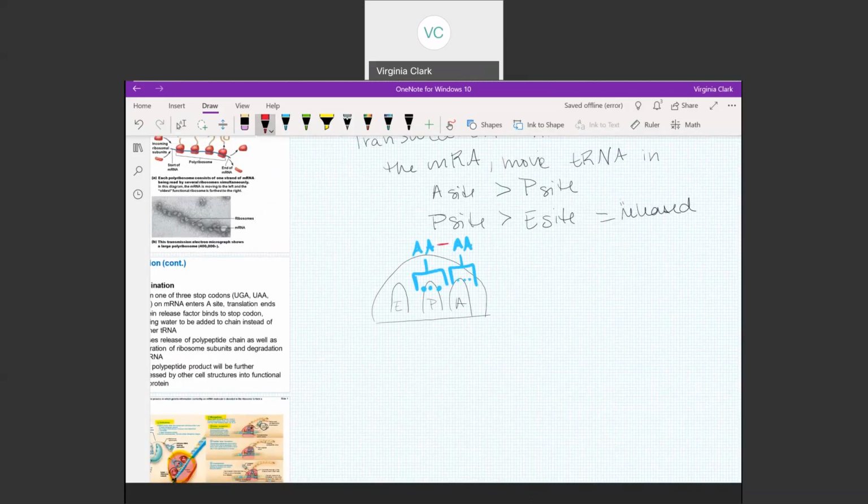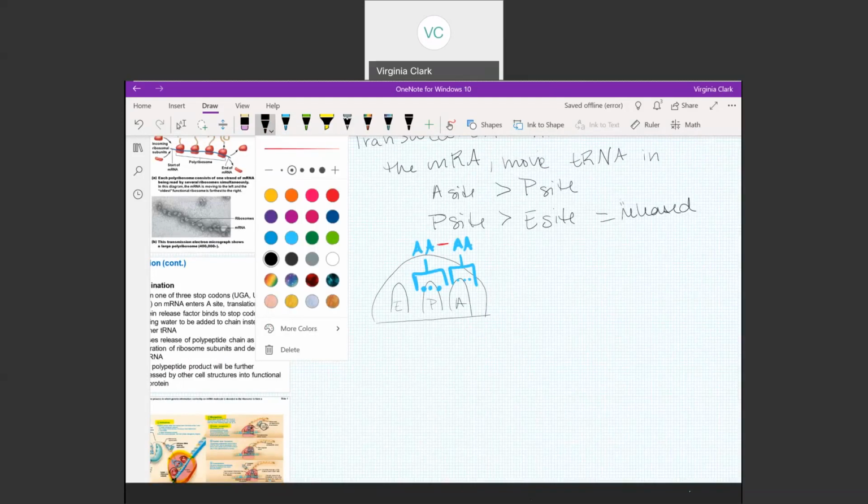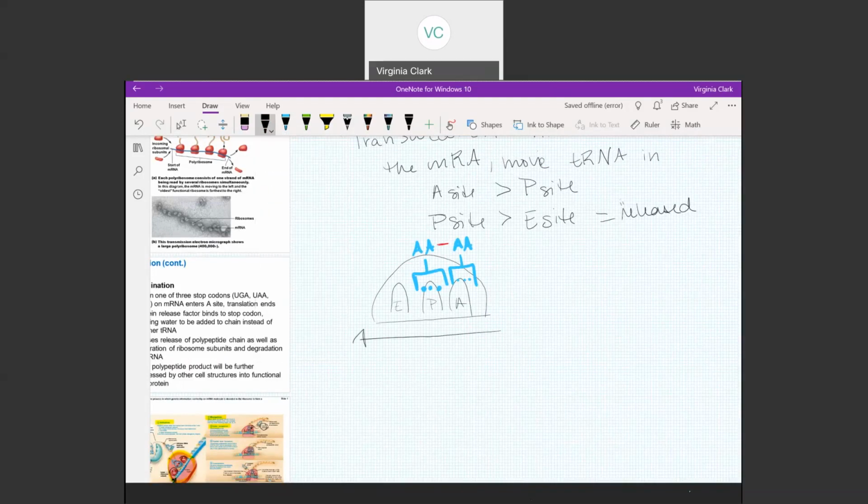So this will happen, and then as this mRNA strand moves, the same thing happens, but now this guy is moving here, and this guy is moving here.